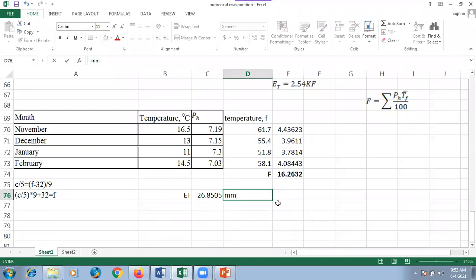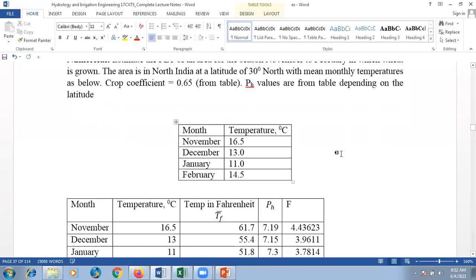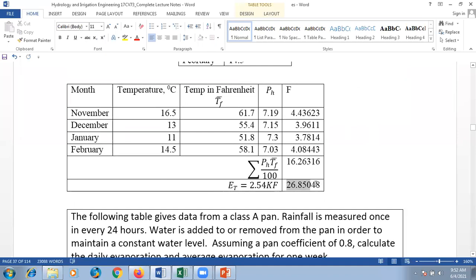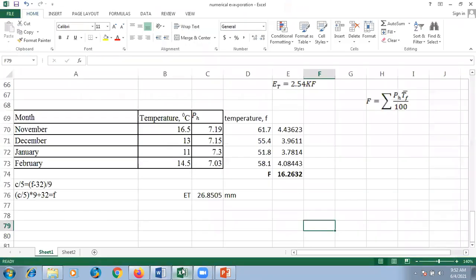The unit is not mentioned here; normally it is taken in mm, SI units. 26.85 mm is the evapotranspiration you would calculate for this situation for all 4 seasons together. Since not much is mentioned about units, you can consider them in millimeters. If you go back to the class notes, see, 26.85048. Same thing. A slight difference, but not much to worry about.